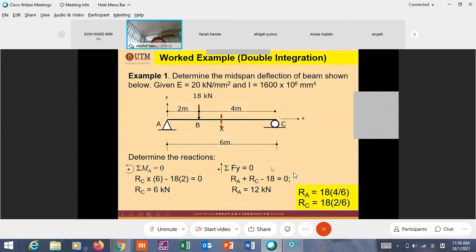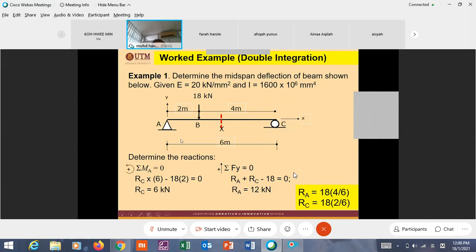Now, can you derive one single moment equation between A and C? You can try at home. You will find you cannot derive that formula. Why?